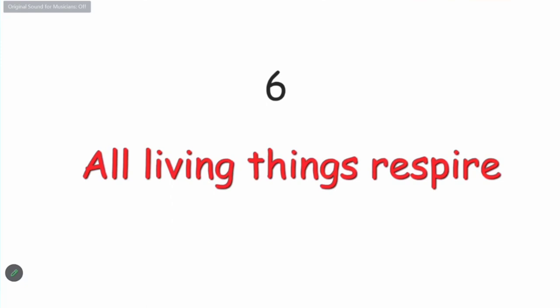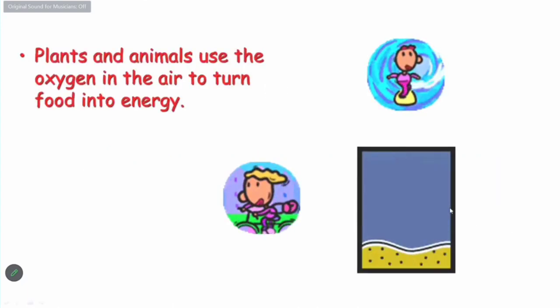Every living organism, every living thing, shows the process of respiration. Usually respiration is done with the help of specialized organs found in animals, but plants also show respiration, and respiration takes place round the clock without any interruption. So plants and animals use the oxygen in the air to turn food into energy.